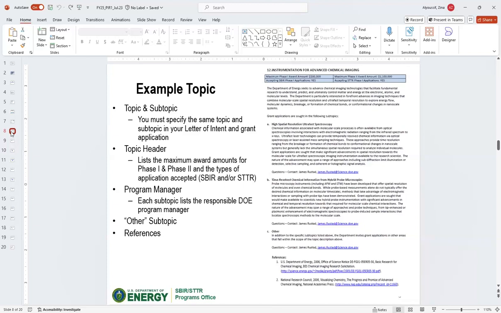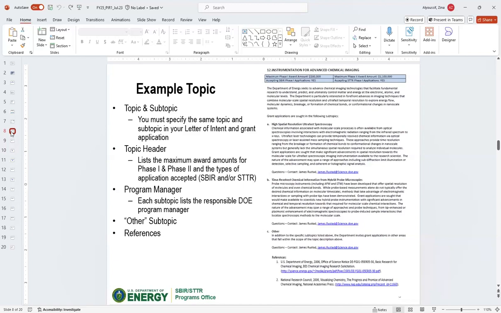The general topic description explains what the topic is about and maybe some context on where it falls within the mission of the program. Below that, you see subtopics that describe specific opportunities in which proposals are requested. You will notice a good number of the topics have an other subtopic.